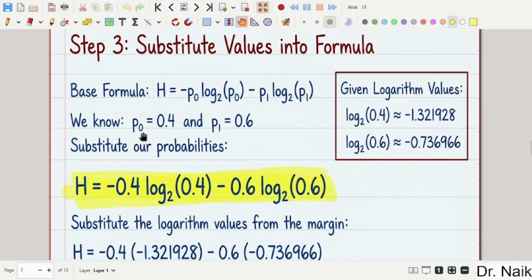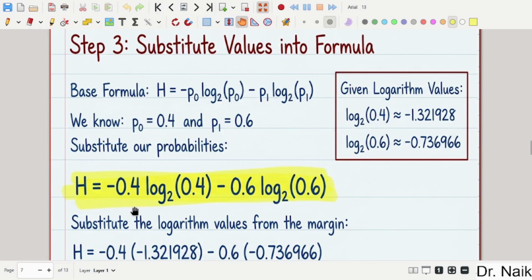Just now we calculated P0 as 0.4 and P1 as 0.6. The logarithm base 2 of 0.4 is approximately minus 1.321928, and log base 2 of P1, that is 0.6, is approximately equal to minus 0.736966.